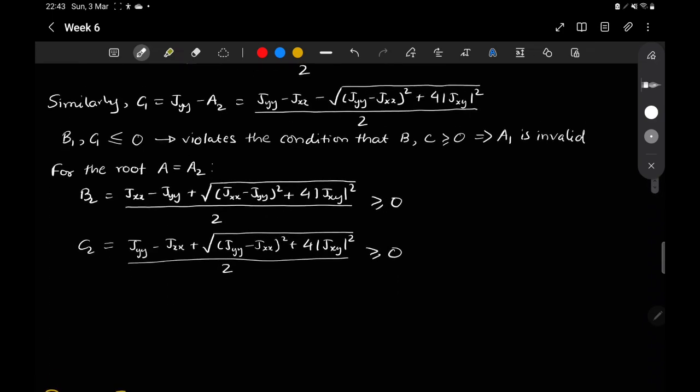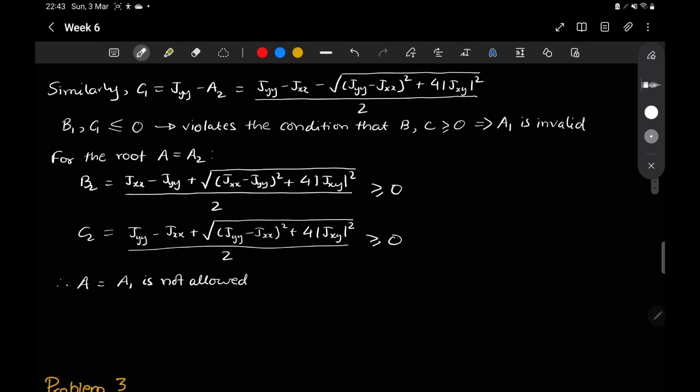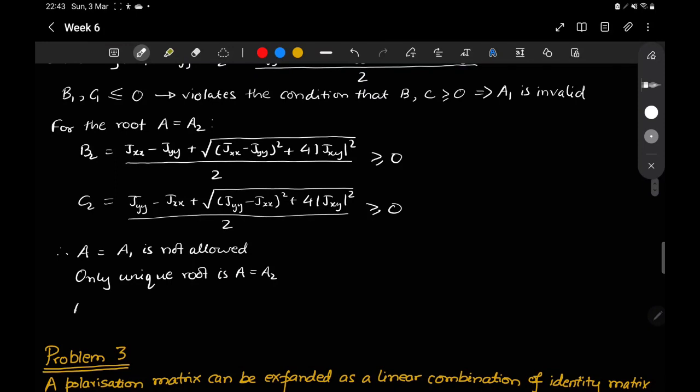So finally we conclude that A1 is invalid and the only unique root is A2. So thus we see that the decomposition is unique.